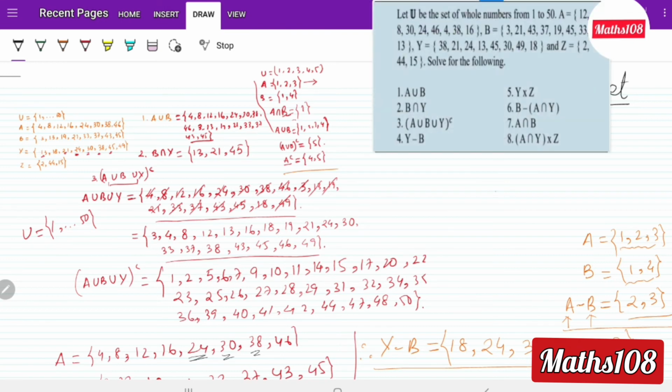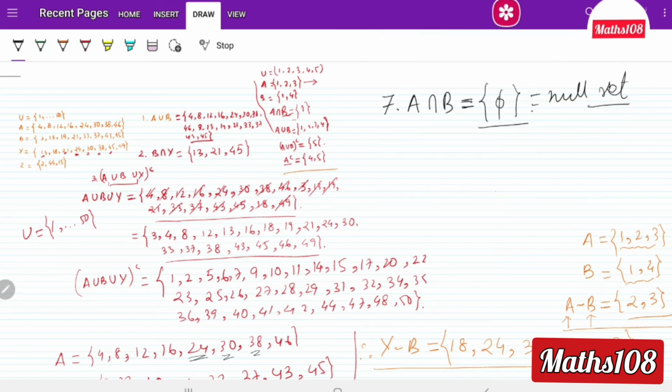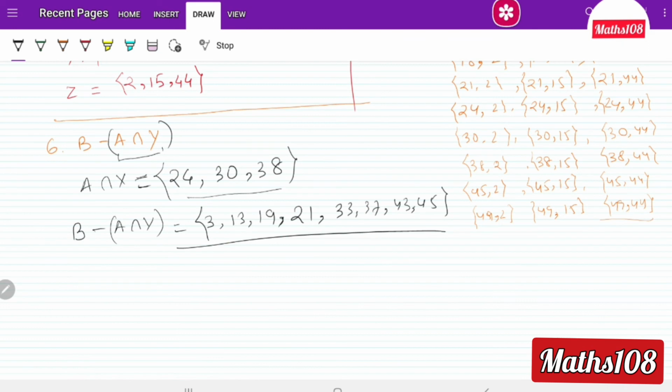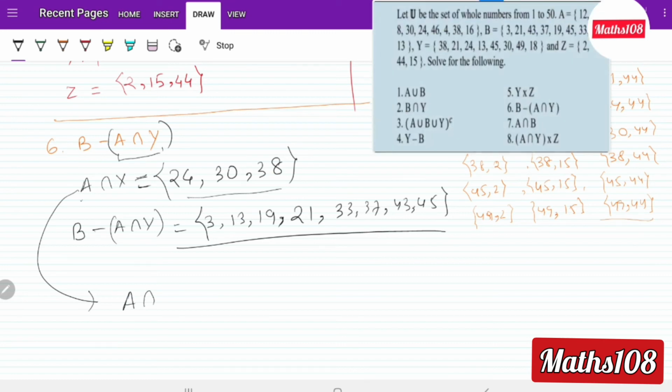After that, the last, A union Y into Z. A union Y is calculated over here: 24, 30 and 38, right? And Z is equal to 2, 15 and 44.